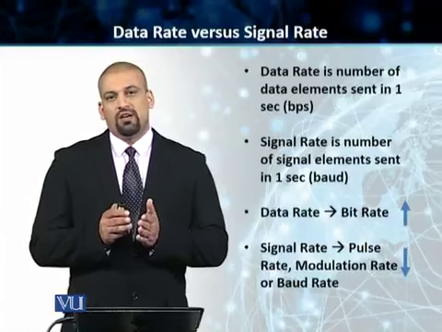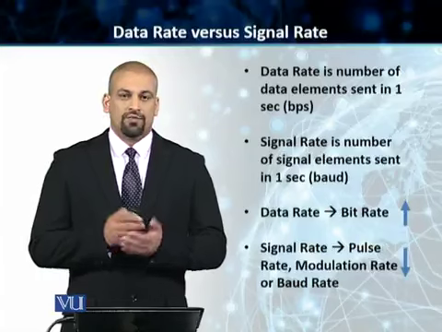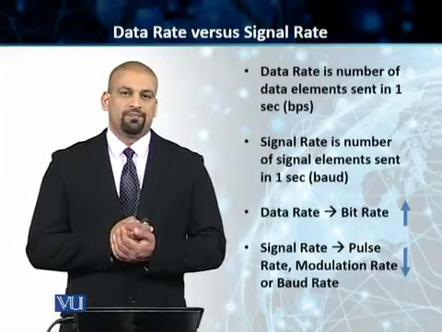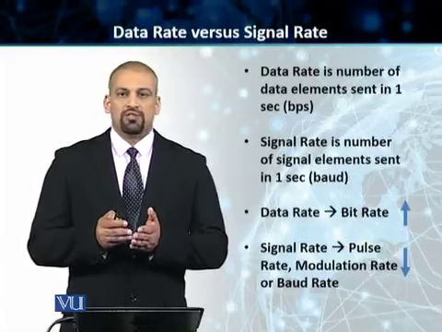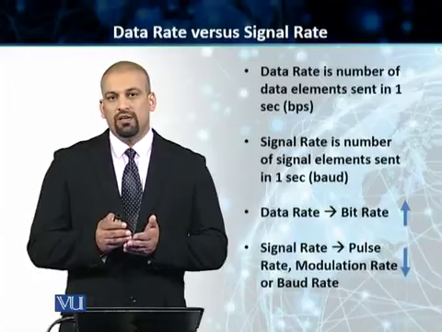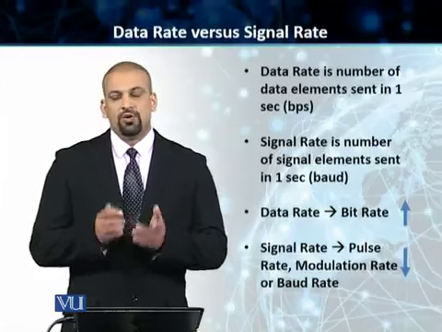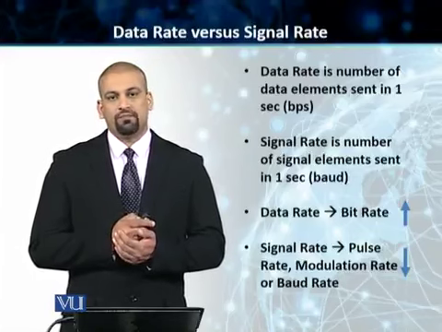Data rate is also called the bit rate, and therefore the unit is bits per second. The signal rate is also called the pulse rate, the modulation rate, or the baud rate. And the unit for signal rate is bauds per second.